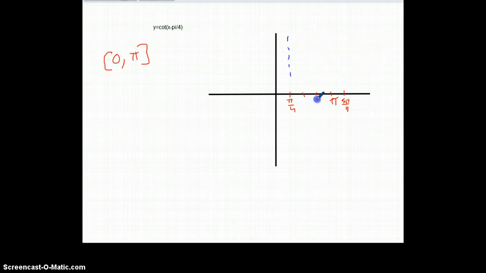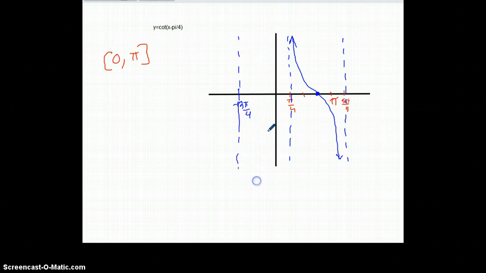And of course we're going to have a 0 in the middle, and down right to left. And that's one period of this function. Again, we can extend this. We have asymptotes every pi units. So you can make another one at 1, 2, 3 pi over 4. Have the same thing over here.